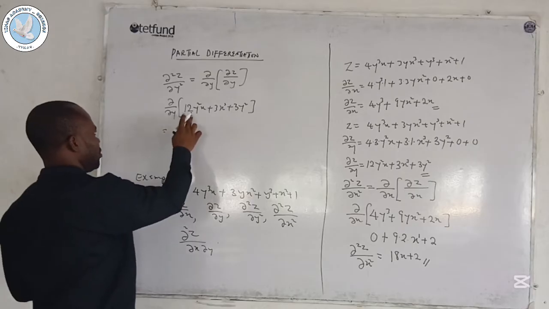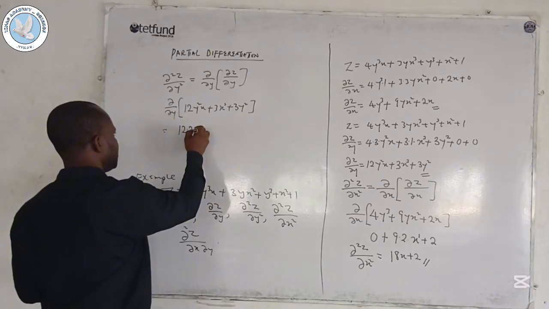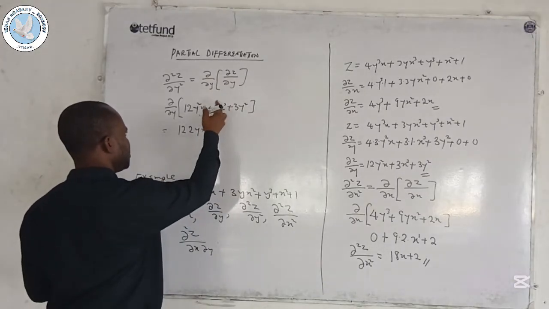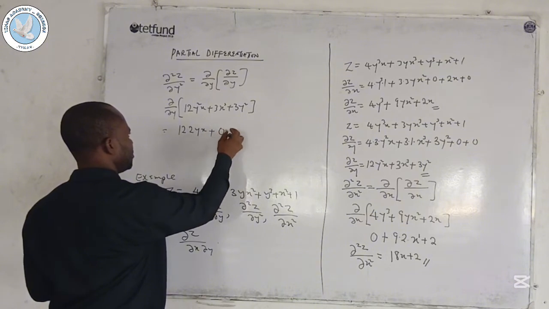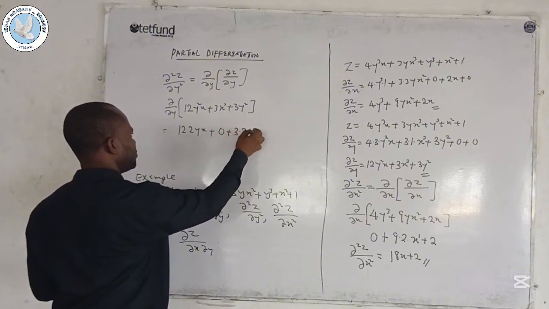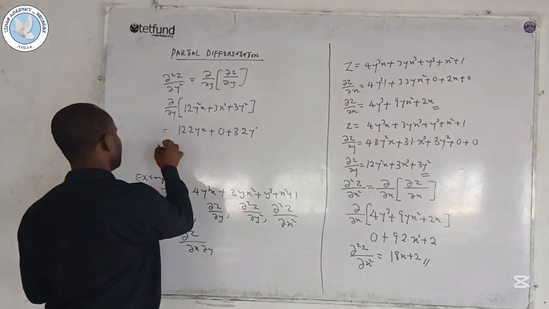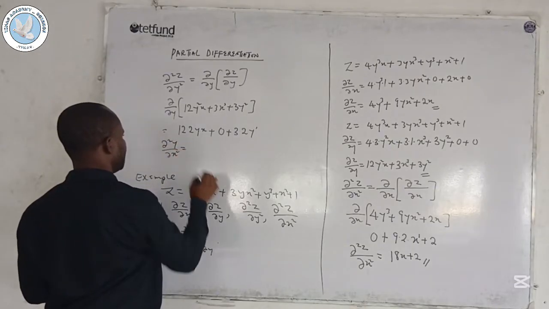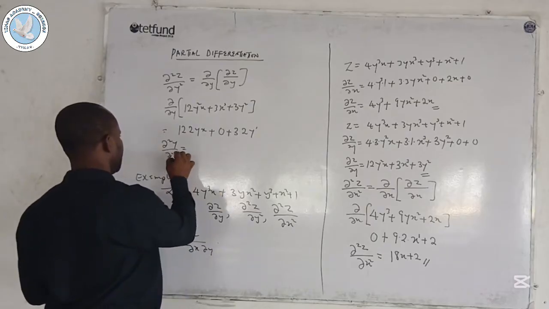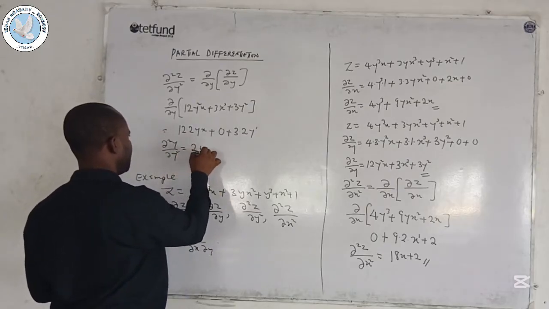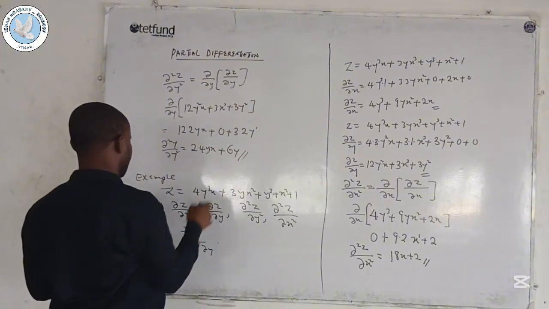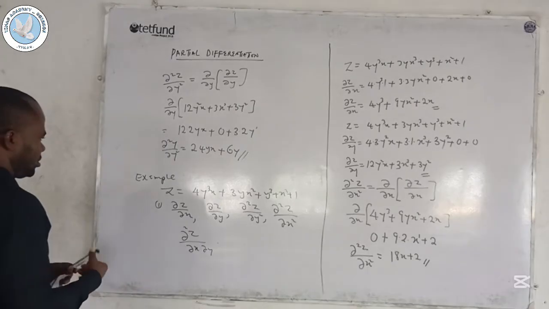So this will further work on this. We have 12 times 2. This is maintained, plus this is a constant, plus 3.2, and this. So the second derivative with respect to y is equals to 24yx plus 6y. That is the answer.